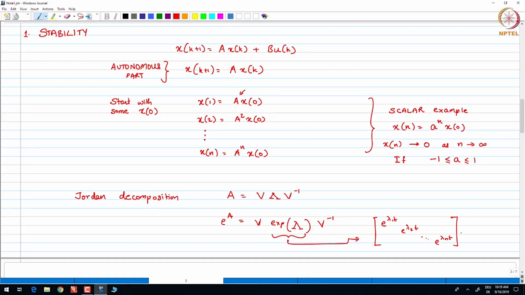There is a little bit of an issue over here, because lambdas need not only be real numbers, lambdas could be complex numbers. One thing that we did not cover when we talked about the Jordan decomposition is what is called the square decomposition. If eigenvalues come in complex conjugate pairs, how do you do this decomposition?